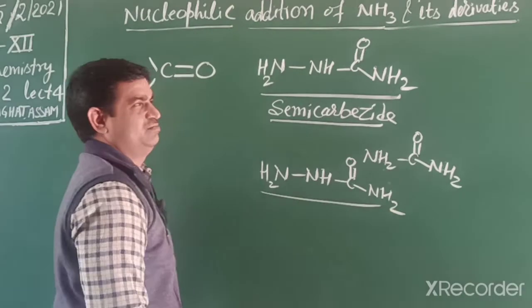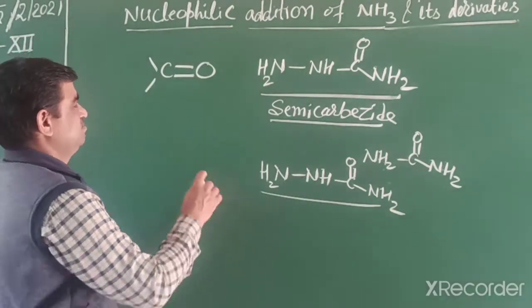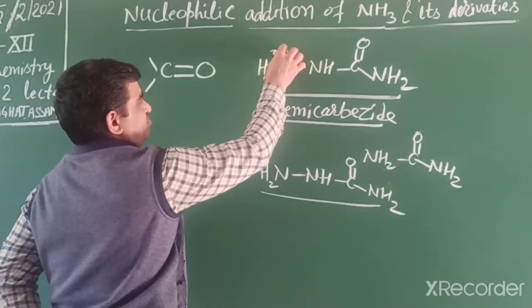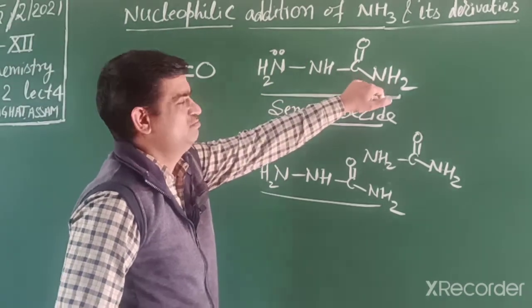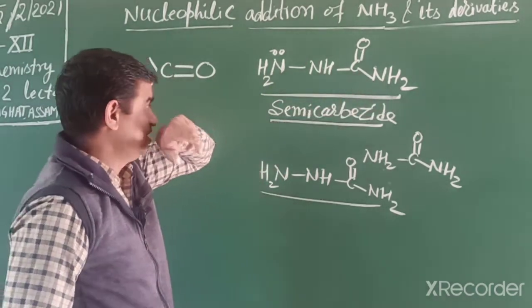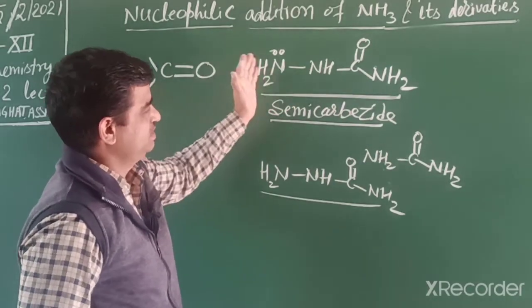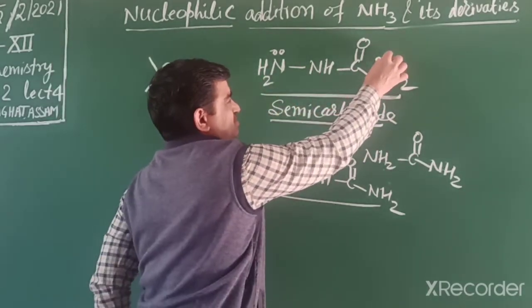In this semicarbazide, how can we write the product? There are two NH2 groups in semicarbazide, one on the left side and the other on the right side.